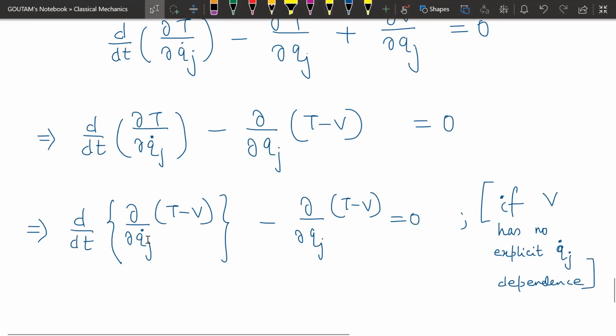Then this derivative will eventually be 0, so we can always write this.